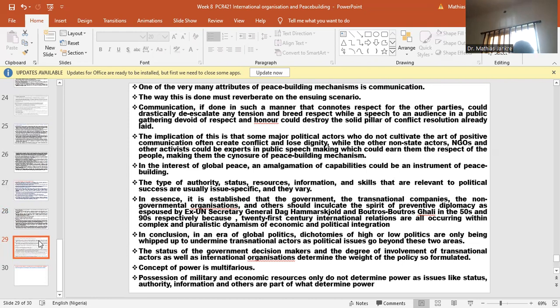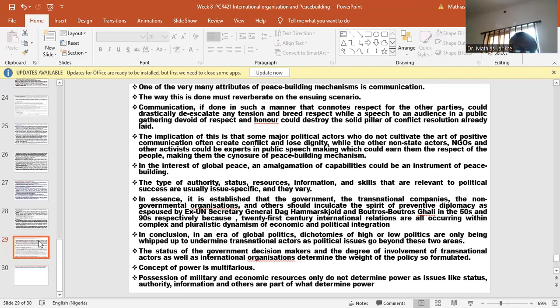The implication of this is that some major political actors who do not cultivate the art of positive communication often create conflict and lose dignity, while other non-state actors, NGOs, and activists could be experts in public speech making, which could earn them the respect of the people, making them the signature of the peace building mechanism.